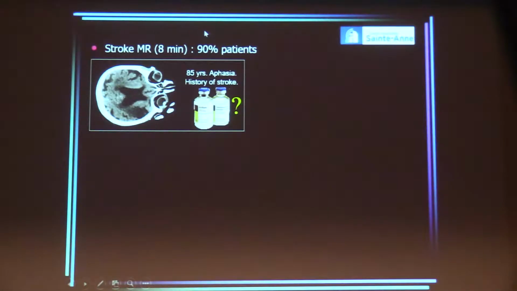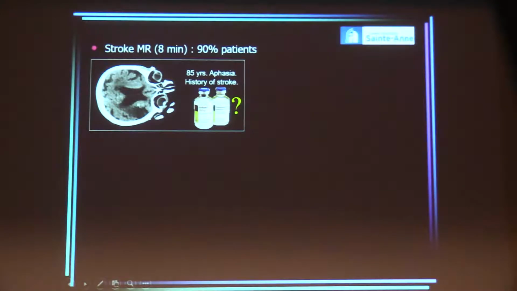I was saying that it's feasible in 90% of patients, even in restless patients. If you look at this example, this patient had a plain CT. He was 85 years old, with a sudden aphasia and a history of stroke, and we were not totally convinced that it was an acute stroke.